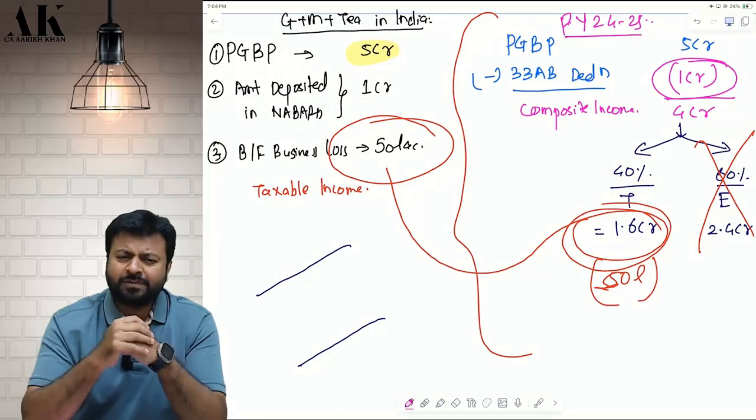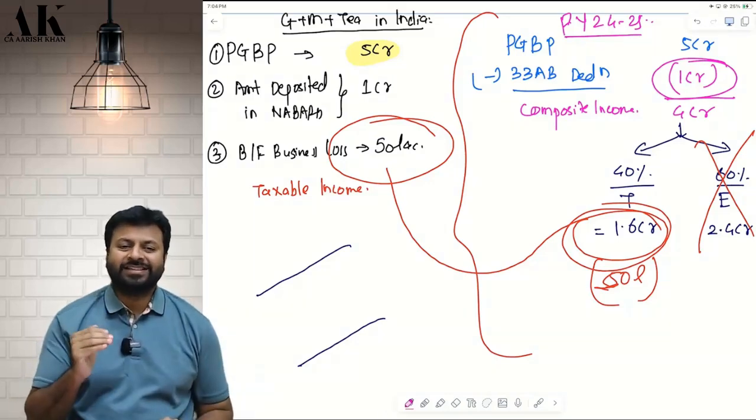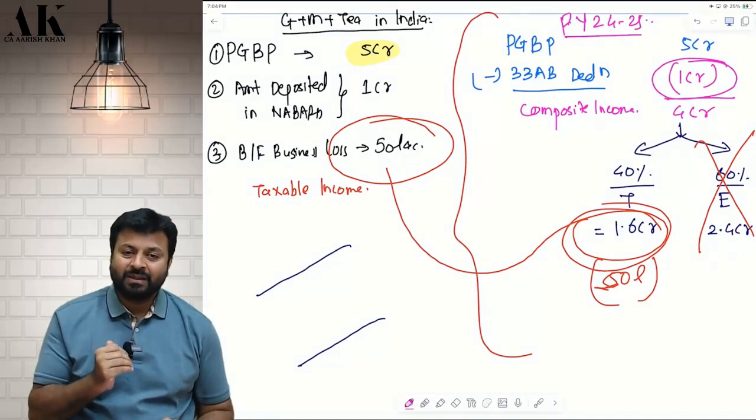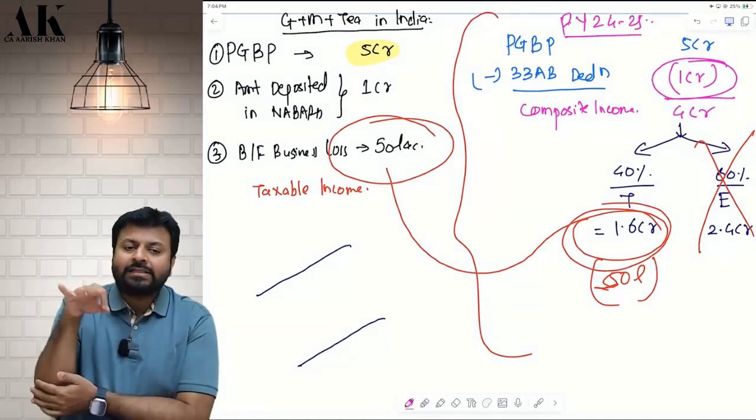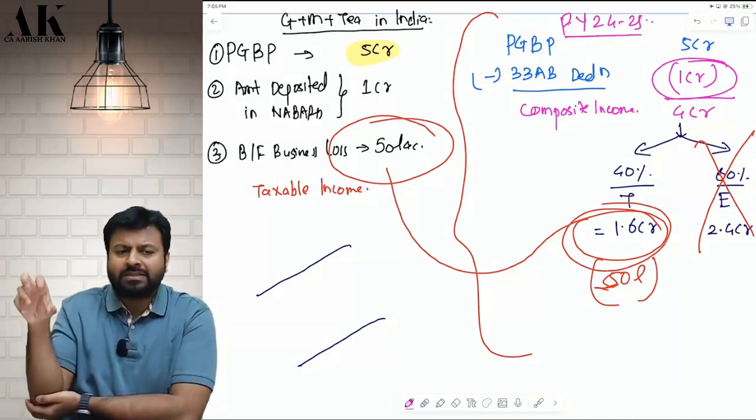There is no need to use for specified purpose. You can use it for the marriage of your child also. Shall I say? Within those 5 cases, in 3 cases, if you withdraw, your withdrawal will not be subject to tax, it is exempt.